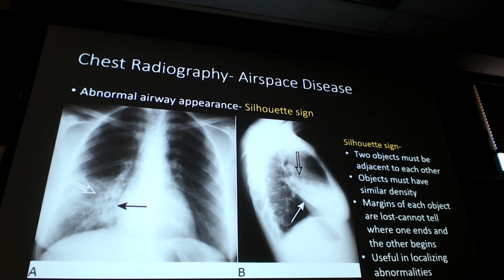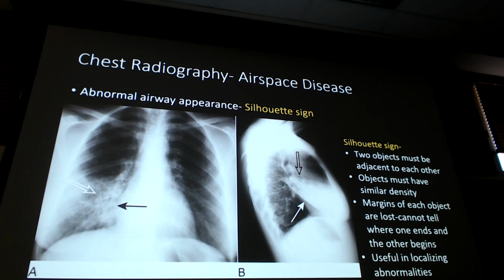I can't see the edges of the heart here because there's something else overlaying it, something that's the same radiographic density. You're going to see why these things are important in a second. I'm going to have a chart that's going to explain how these things can help you determine where the lobes are and things along those lines.